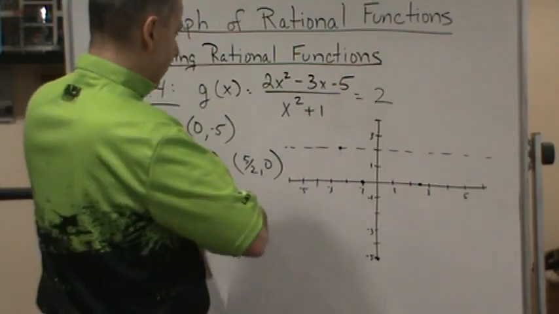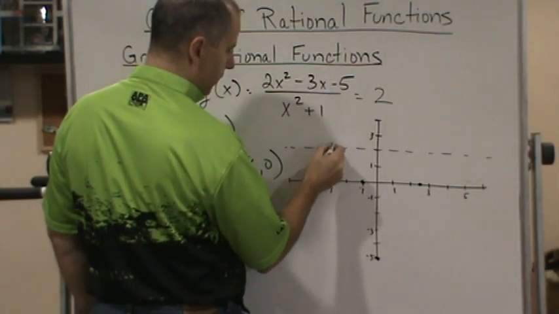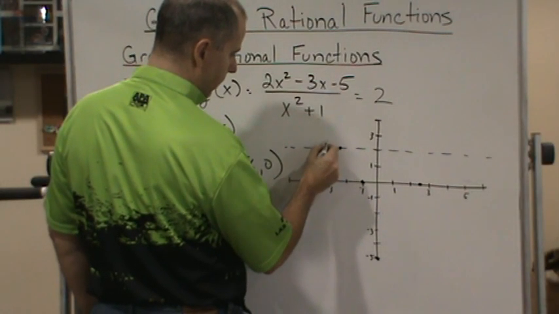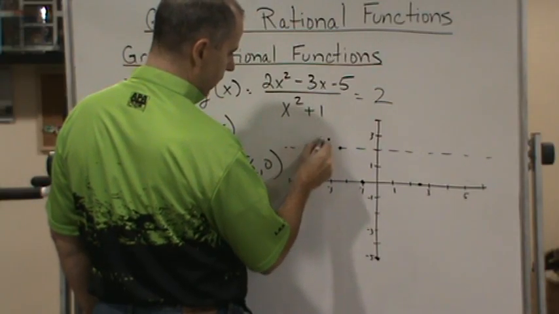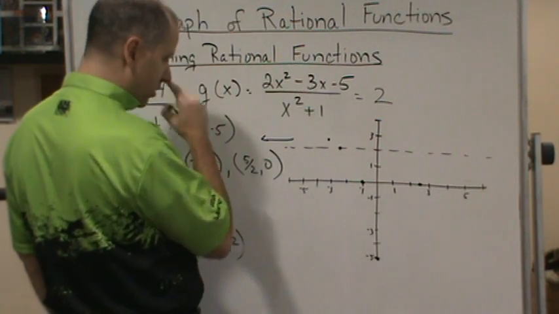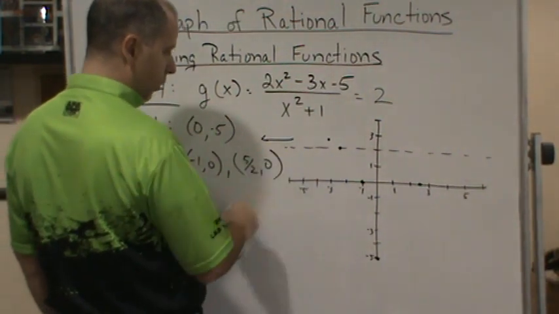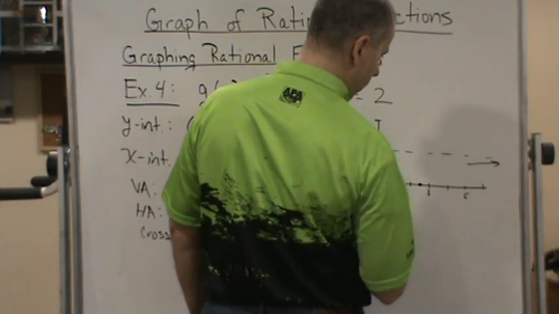So the fact that it's going up a little bit, so from here it just goes up to here, we know that it's going to come back down, right? So it's going off to infinity, going towards y equals 2, and then it's also going towards y equals 2 here.